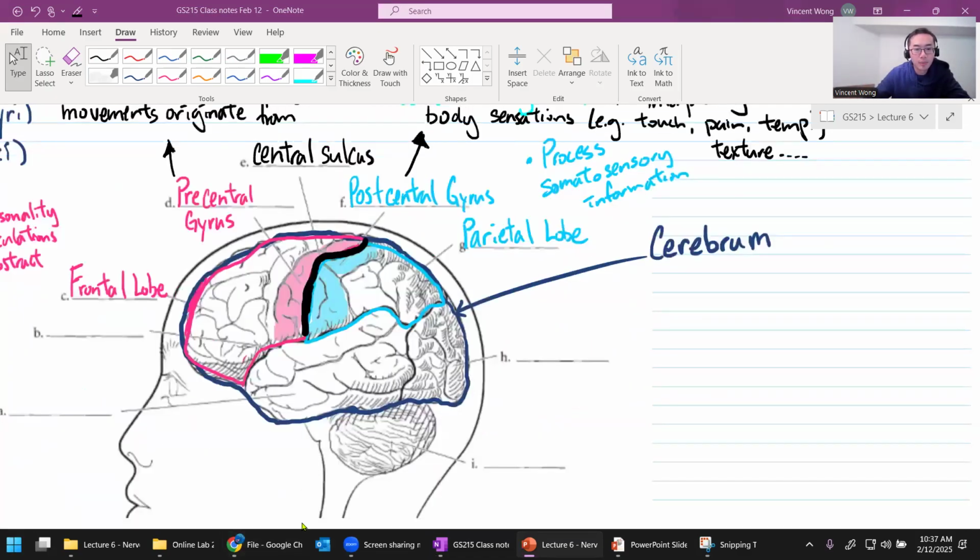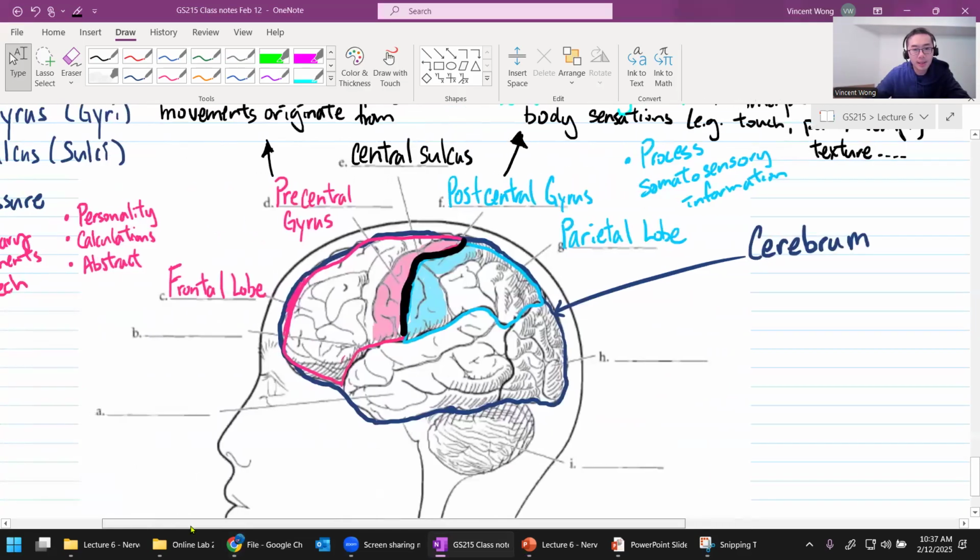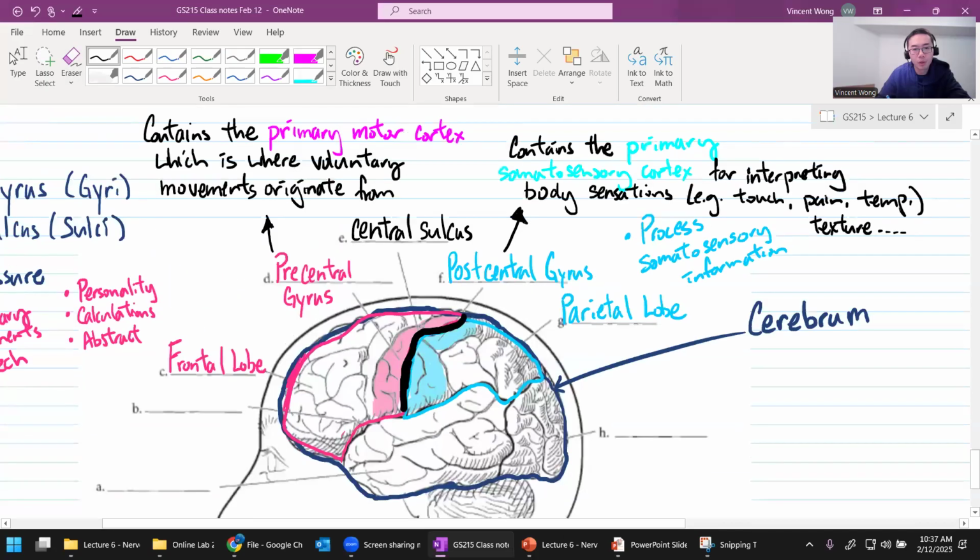Now, we will talk more about this next time, but the cortexes here, both of them, they are actually zoned into different areas. For example, over here, that's where, oh, you cannot see that. Let me choose a different color.